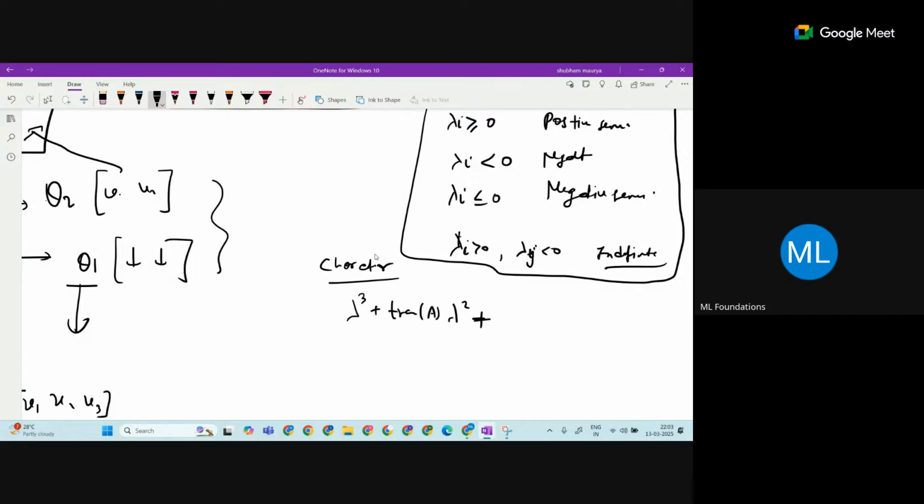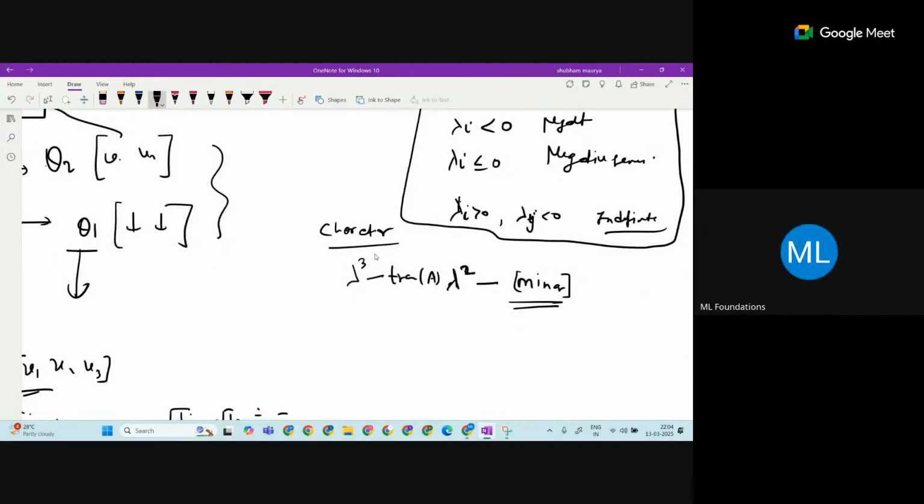So what you said: lambda cube minus trace of A lambda square, plus the sum of the minor cofactors of the diagonal elements of A. Okay. This is a bigger formula. I know it only for the square form, but it is easier, sir.